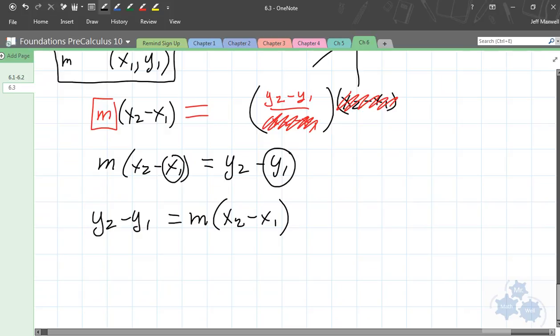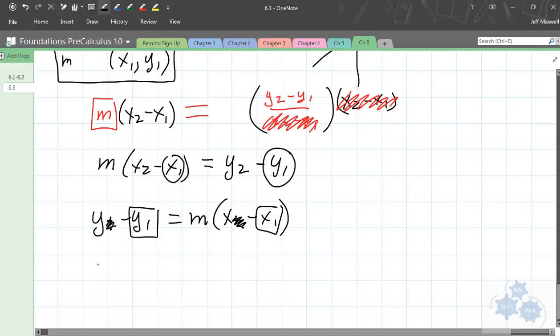And then an equation of a line, well, not always, but most of the time for your linear equations so far, unless it's horizontal, has both the x variable and the y variable in it, right? So we've had an x and a y, right? So we're going to use one point, but the y here and the x here are not going to be the two, they're just going to be x and y, and they're going to stay as x and y.